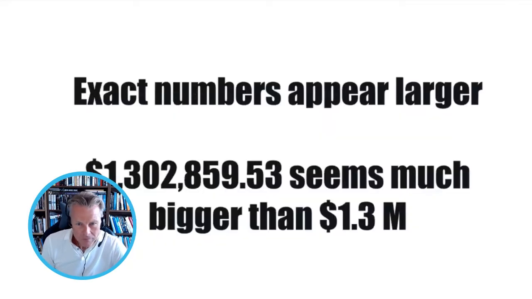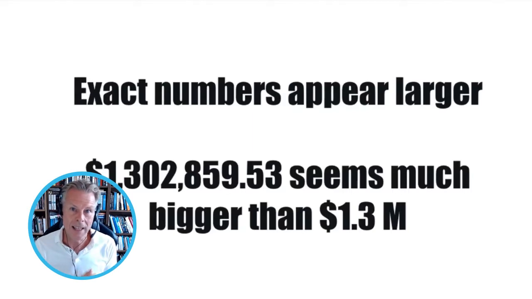Next, exact numbers appear bigger. So I used to use this. Here's an example of that. When I used to buy and sell businesses for a living a long, long time ago, when we would send an offer for a business, I would send a very, very exact number, like 1,302,859.53.